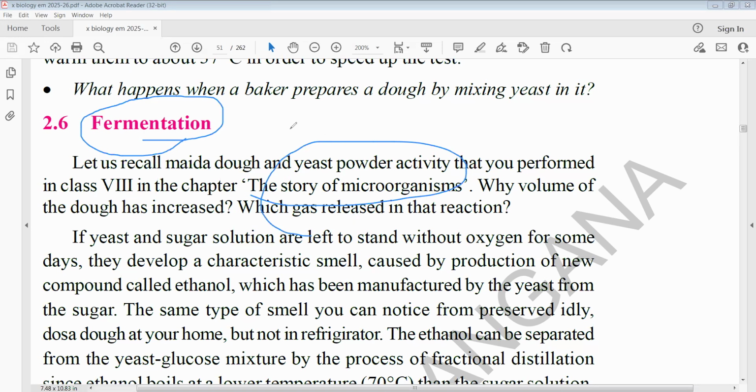The result of fermentation, if yeast participates, is the formation of ethyl alcohol or ethanol and carbon dioxide, two CO2, and 56 kilocalories of energy is released. This anaerobic respiration is mainly used in the brewing industry to prepare beer, whiskey, rum, brandy, etc. This fermentation is used in the brewing industry.